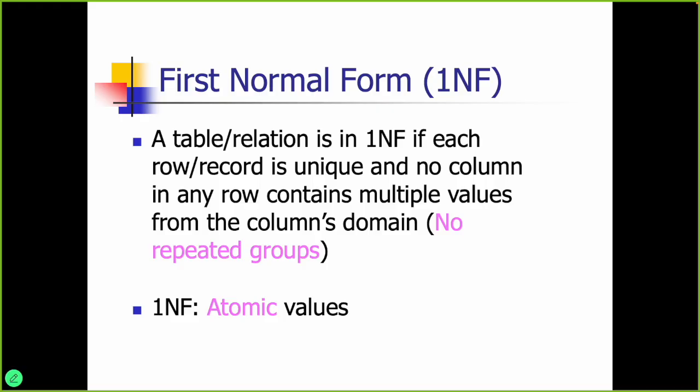If a person has two phone numbers, you cannot just list them, separated by a comma in one cell. So we have to think of other ways to design this, either putting it in another column like phone number 1, phone number 2, or putting it in a separate table. It depends on the design and the assumptions. We call this atomic values, meaning no repeating groups and all cells should have only one value.